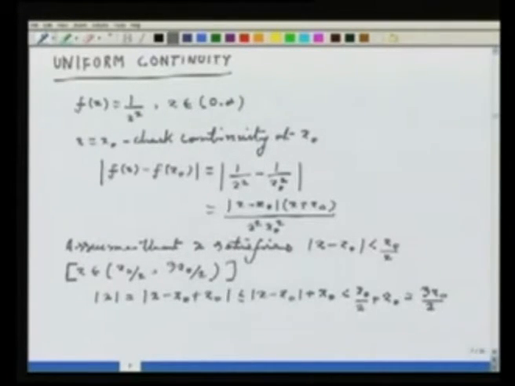And then this implies that mod of x plus x naught, by triangle inequality, is less than or equal to mod x plus x naught, but mod x is less than thrice x naught by 2, so this is less than thrice x naught by 2 plus x naught, that is 5x naught by 2.